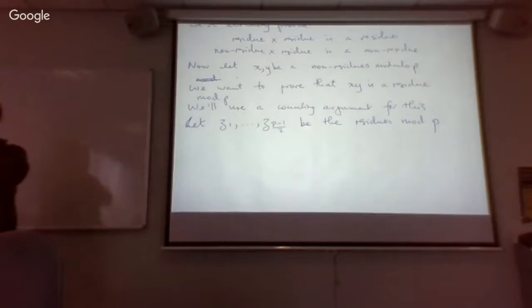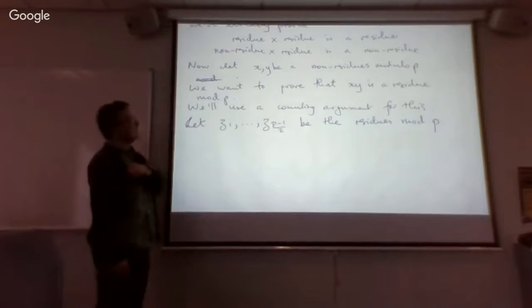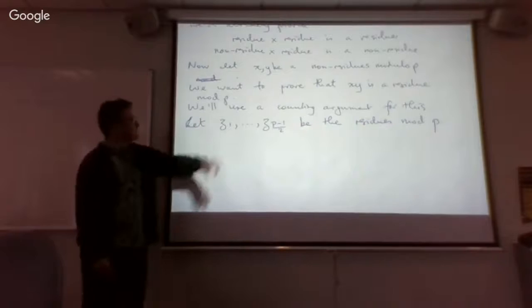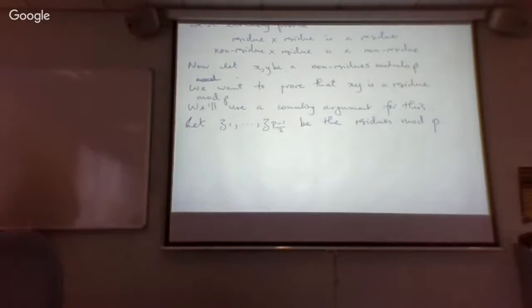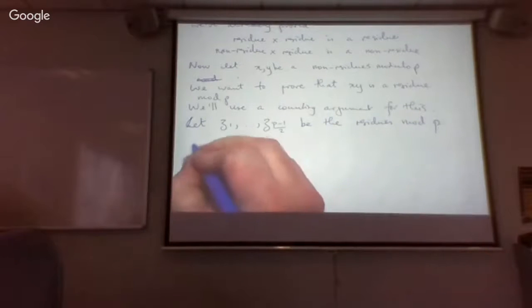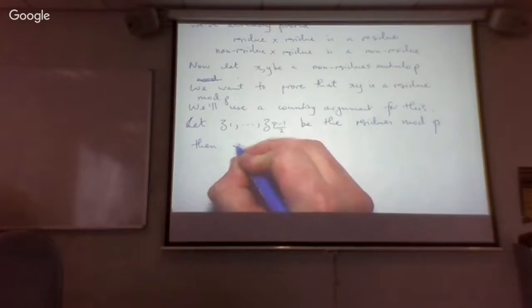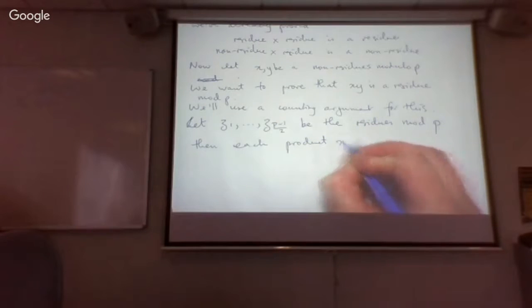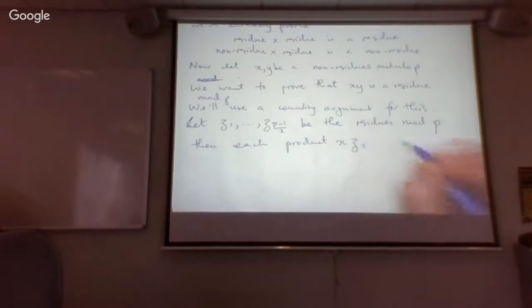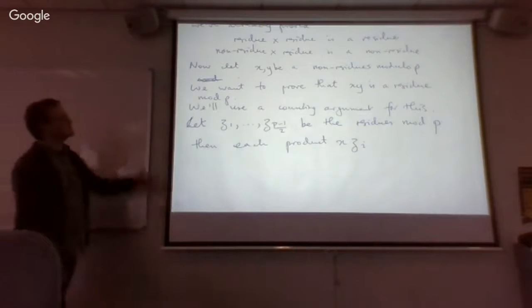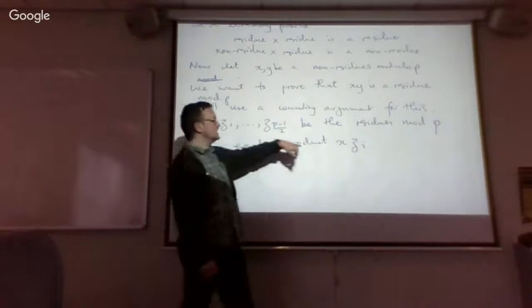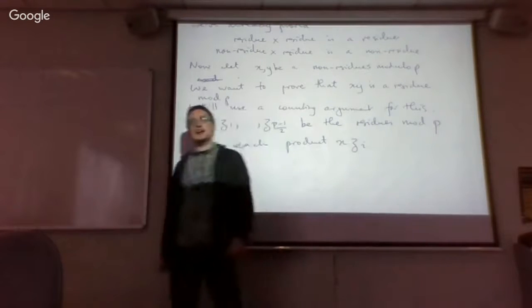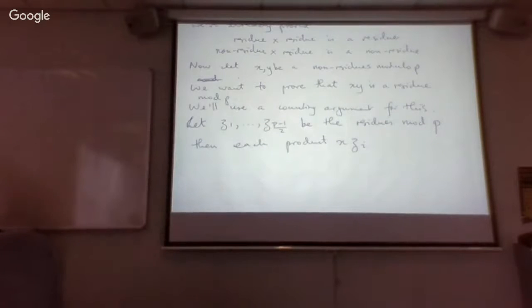It's a square modulo p. If we let Z1 up to Z p minus 1 over 2 be the residues modulo p, then each product x times Zi, so we're assuming x is a non-residue, each of these products, x times Zi, has to be a non-residue.